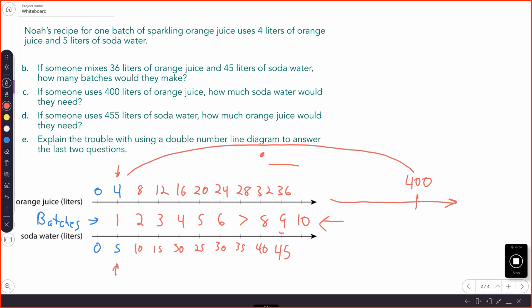And you've got to do the same thing down here for this part of the double number line. Whatever number goes on top goes on the bottom. If we multiply this by 3, we've got to multiply the bottom by 3. If we multiply this one by 9, we've got to multiply that one by 9. And that is the batches. That's how many batches. So go ahead and fill that out.